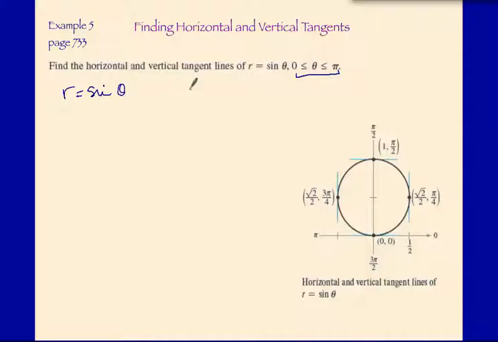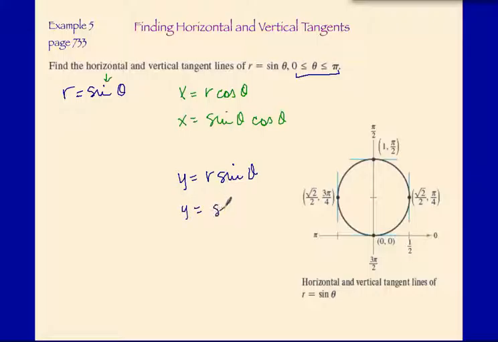Isn't it true that x is equal to r cosine theta? Well, if r is sine theta, then our x is going to be sine theta cosine theta. And then, isn't it true that y is equal to r sine theta? Therefore, since r is sine theta, our y will be sine squared theta.